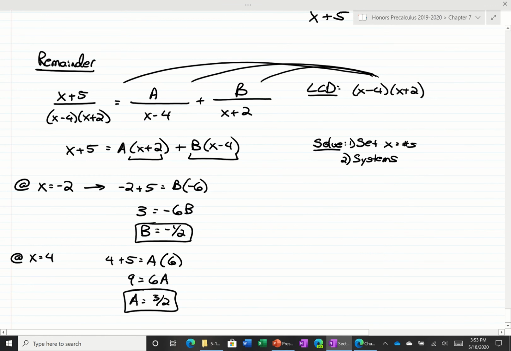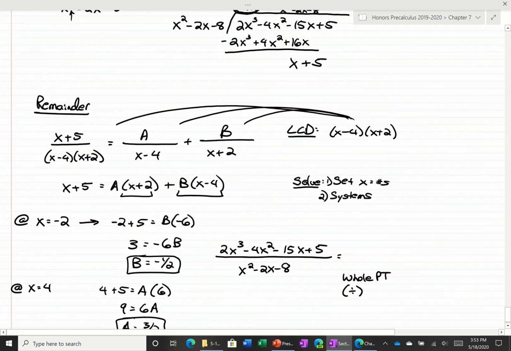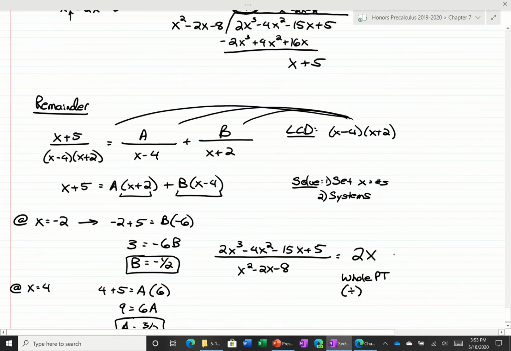So as far as what our answer would be, what you would do is you would write the whole part that came from division. So if we scroll back up, the whole part was 2x. Plus, you write the decomposed remainder.